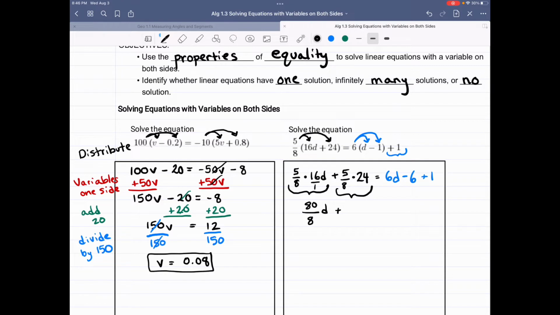plus this piece, 5/8 times 24. So I'm going to multiply across the top. 5 times 24 is 120, and 8 times 1 is 8. So across the top and across the bottom. That equals, now in this step, I'm going to simplify. I'm going to leave the 6D, but I'm going to take the -6 and the +1. I owe $6. I give that person $1.